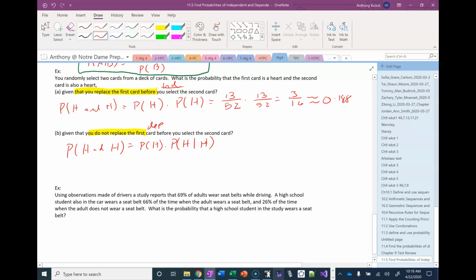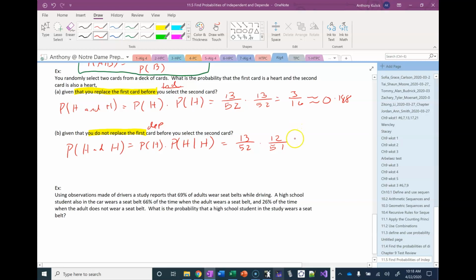Okay. So this is going to be dependent. The first heart, still 13 out of 52. But now, to draw that second heart, there's only 12 hearts left because we already pulled one out. And there's only 51 cards total because we've taken one card out.